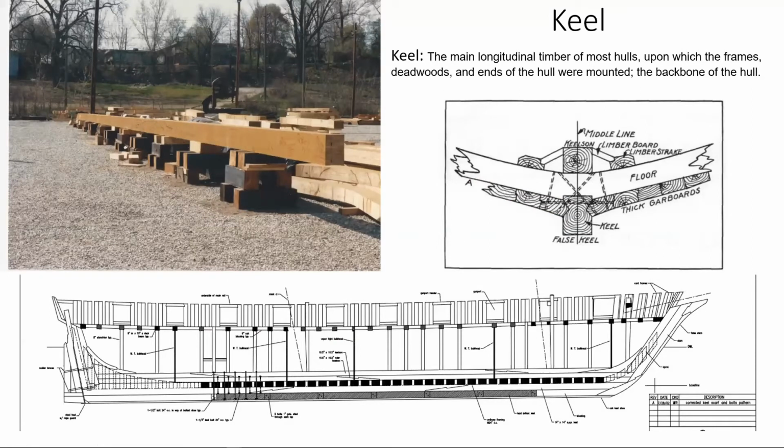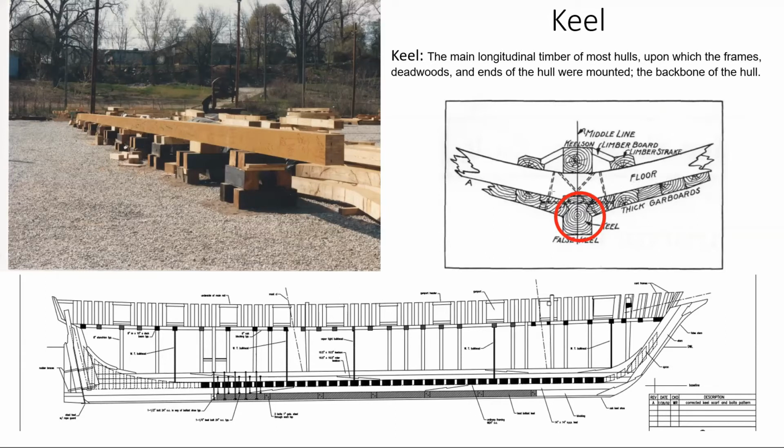That's particular for the frames as well. So here we have the keel. Like we mentioned before, the keel is the basic building block of the ship structure. So we have our keel here, our frames.